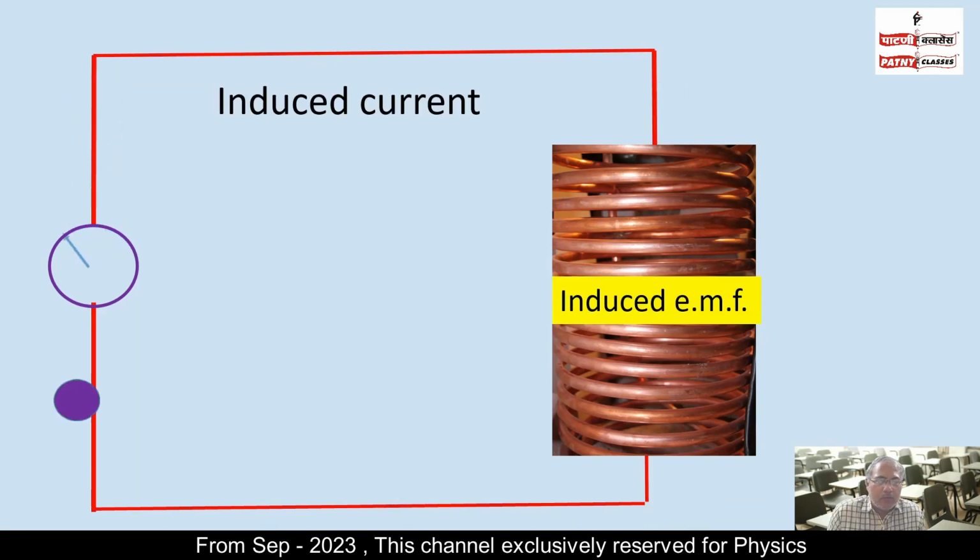When the magnet is moving to and fro with respect to the coil, the flux linked with the coil changes. And due to the change in flux linkage with the coil, two things are happening. One is the production of induced EMF, and because of the induced EMF, a current starts flowing in the circuit. The current which starts flowing due to induced EMF is called induced current.